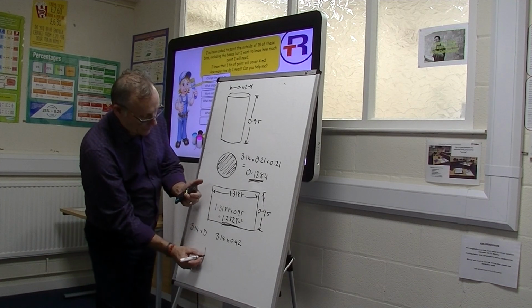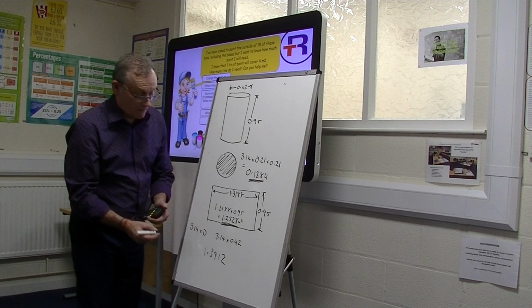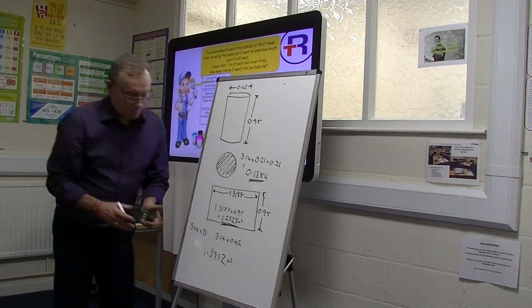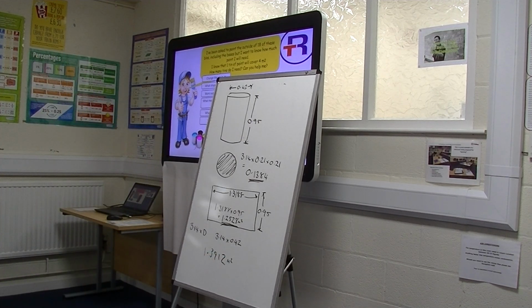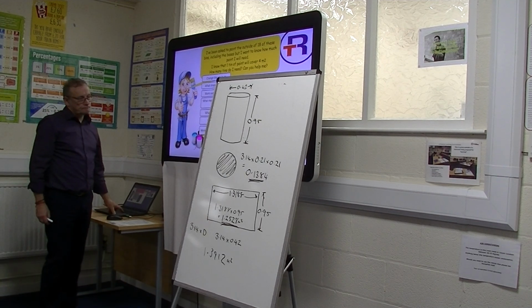I've got 1.3912 metres squared. That's for one bin. Does everybody get that same answer? Yeah.